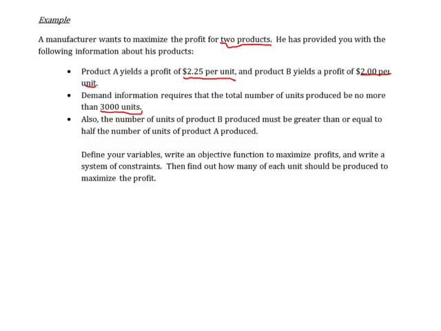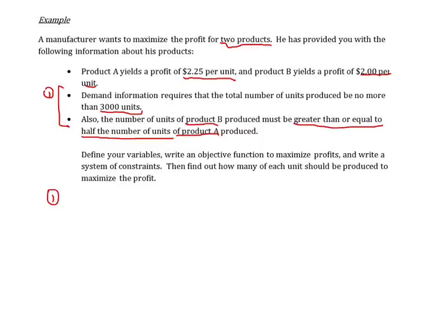And we also know the number of units of product B must be greater than or equal to half the number of units of product A. So we need to translate these into some inequalities. Here are our constraints. Let's start with constraint number 1.